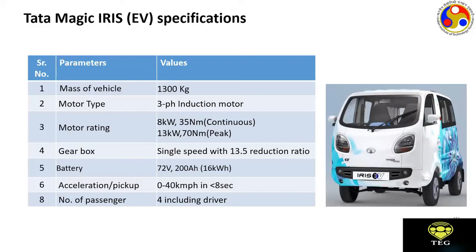So that is the specification which Tata had for the EV version of Tata Magic, and they used a gear ratio of 1 is to 13.5. They had a 72 volt 200 ampere battery, whereas our design was a 200 volt 105 ampere hour battery. So we went for a higher voltage to keep the mass and the volume of the motor down. So these were some of the major differences.